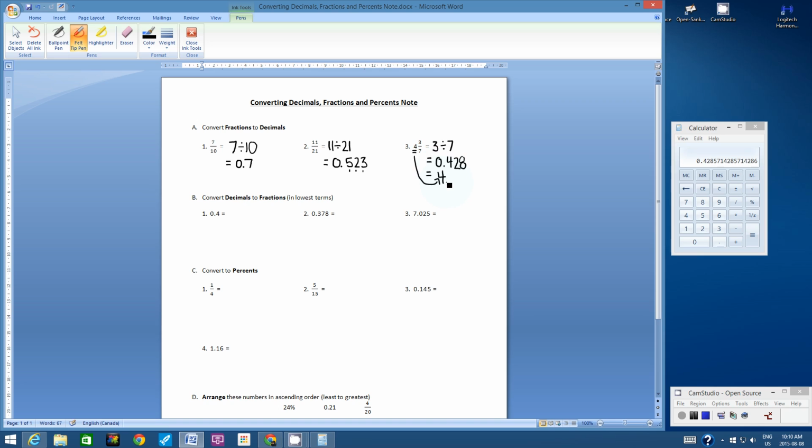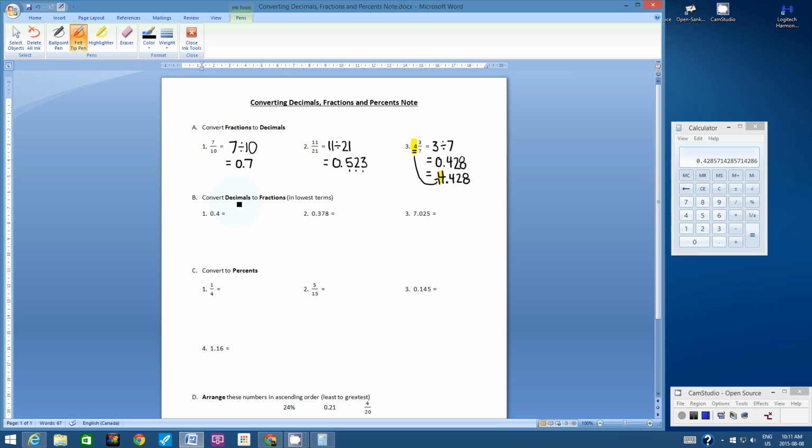So this is going to be 4, decimal, and then the decimal answer after that doesn't change, 4.428. Remember this part. This is the step that a lot of people forget to do: when we first forget about the 4, the whole number, we have to remember to put it back in our answer right at the end. Okay, let's go on to section B.